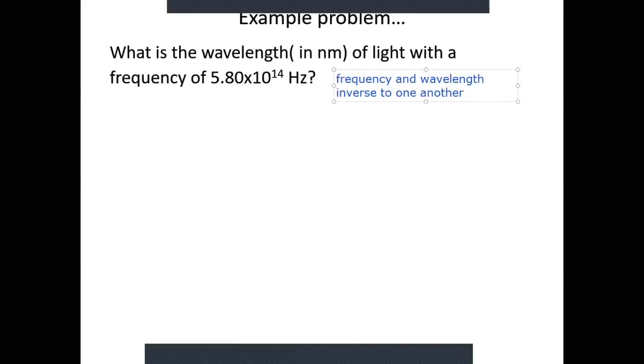Since this is a very large frequency, you can imagine that the wavelength would be very small. 10 to the 14th is a very large number. So the wavelength is going to be a very small number.